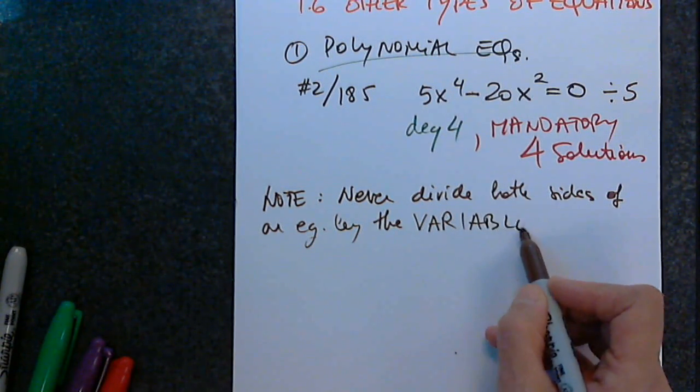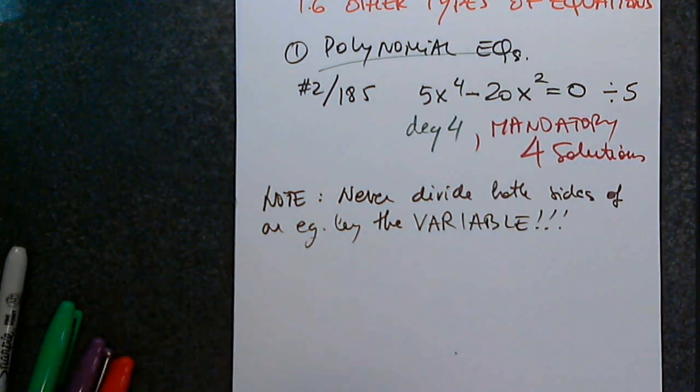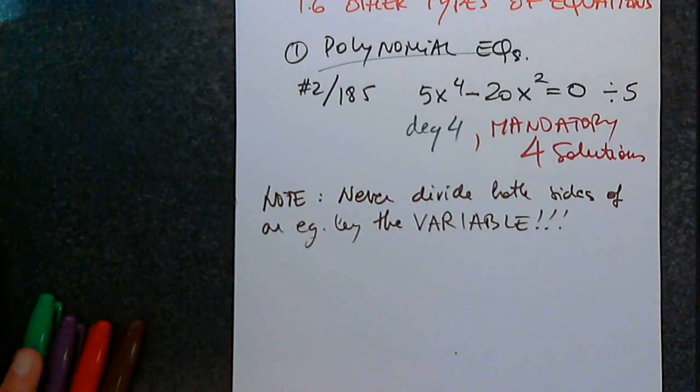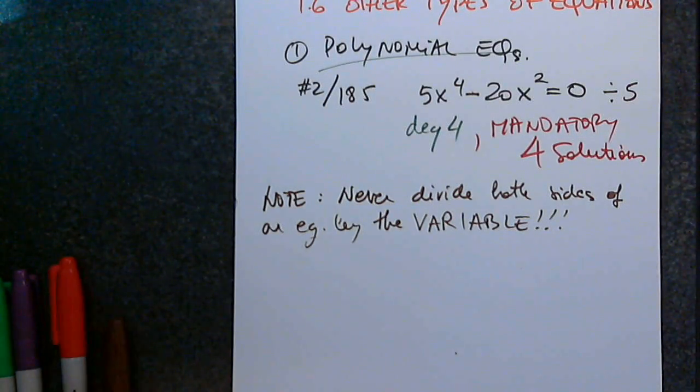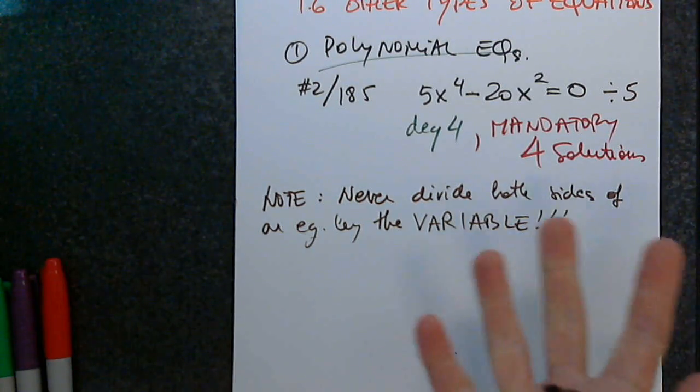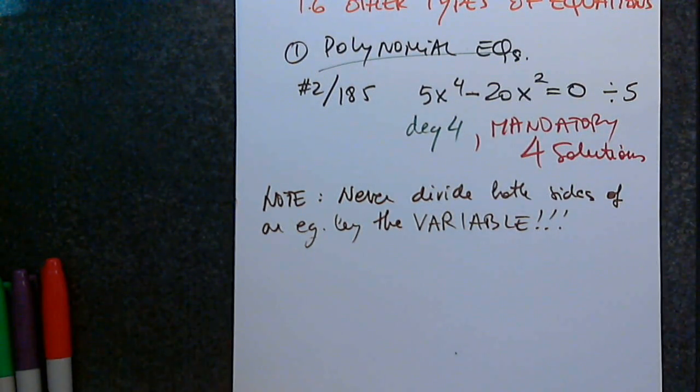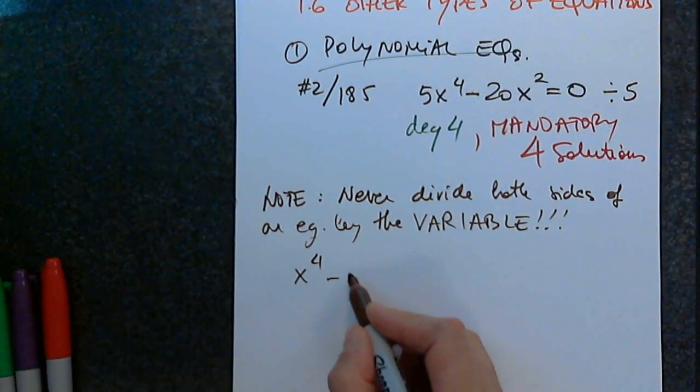The variable. Never divide both sides of any equation by the variable, in any form. If it's x or x squared or x plus 5 or x minus 3, doesn't matter. We cannot divide both sides by the variable in any form. Good. So I divide both sides by 5. I can. It's not going to change the solutions, but it cleans up the equation.